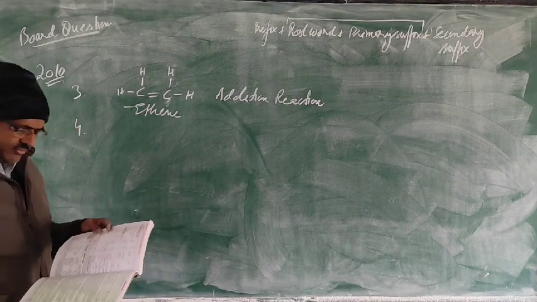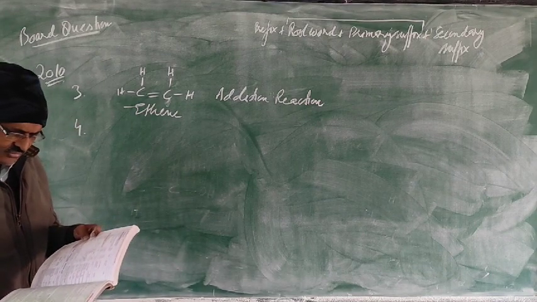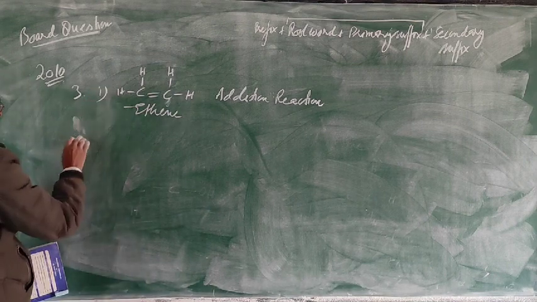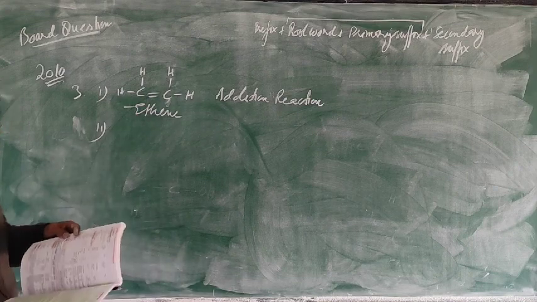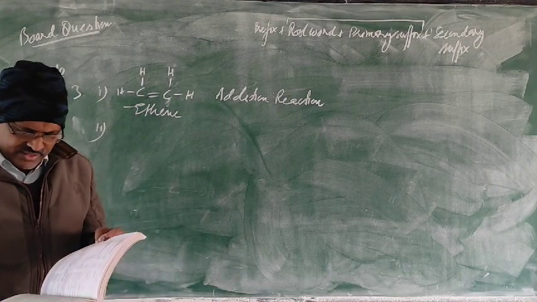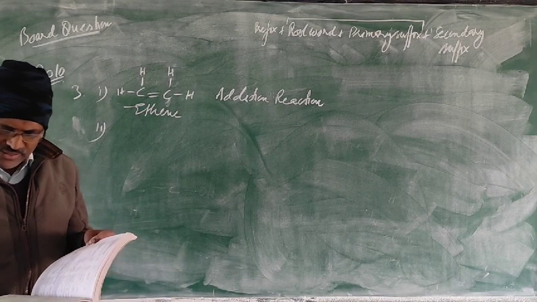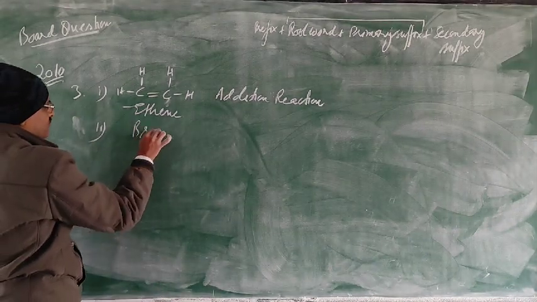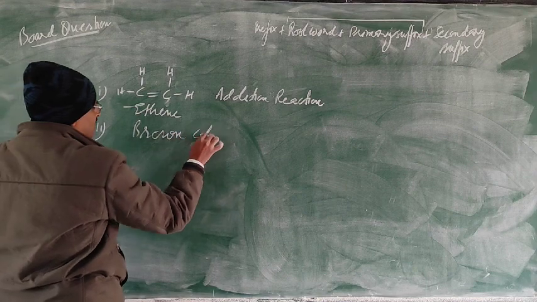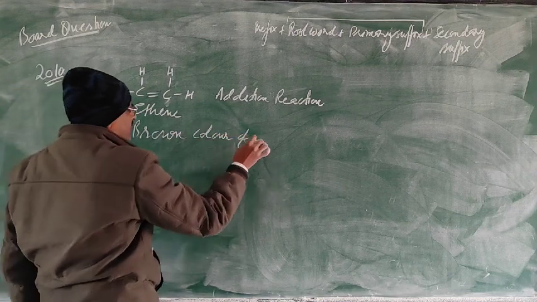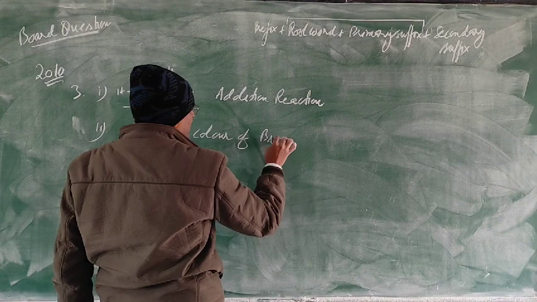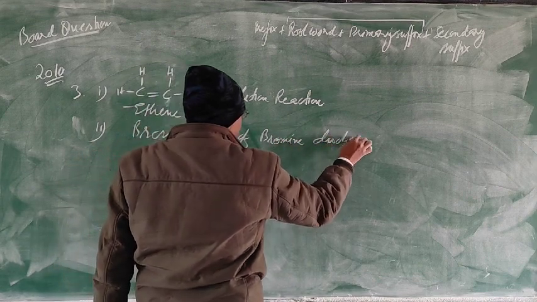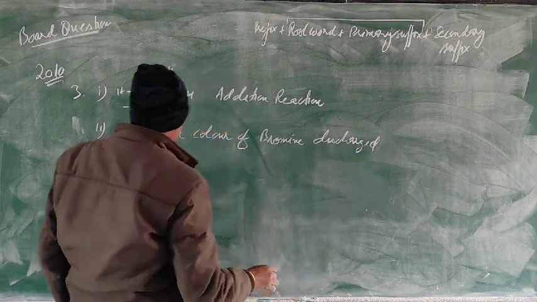Now the second part: state your observation for the above reaction. The brown color of bromine is discharged. Discharge means it changes color.